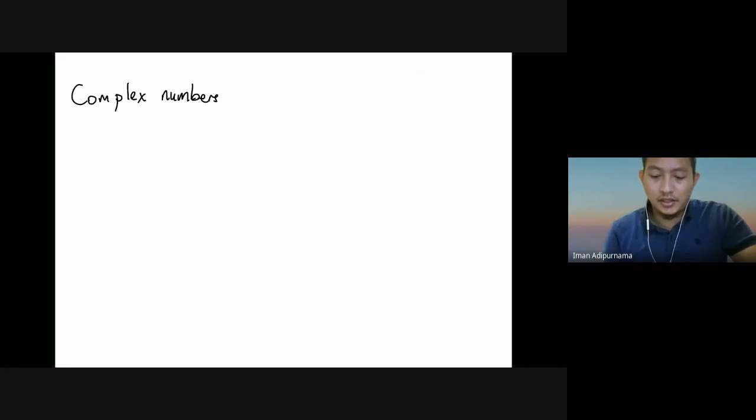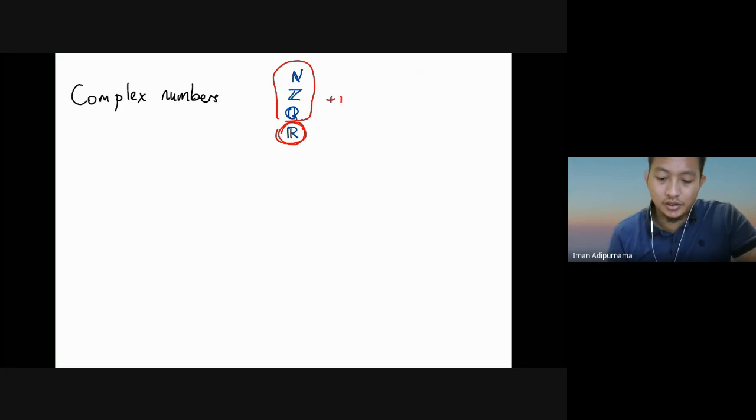Basically, the numbers you have studied are the natural numbers, the integers, the rational, the irrational, and then you have the real numbers, right? The real numbers are all of this, plus the irrational ones.